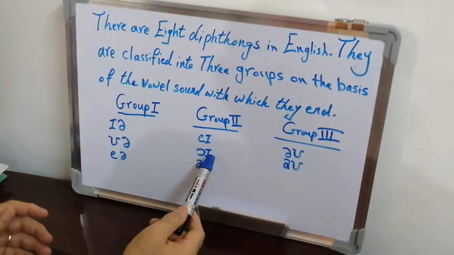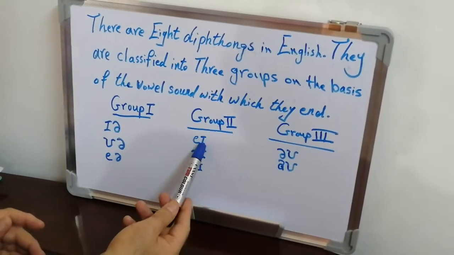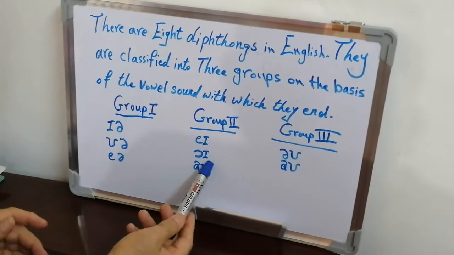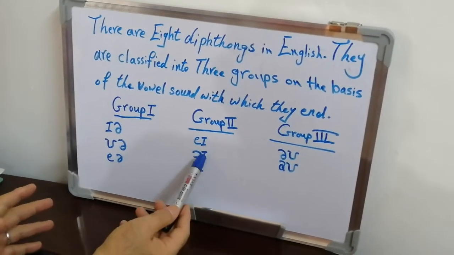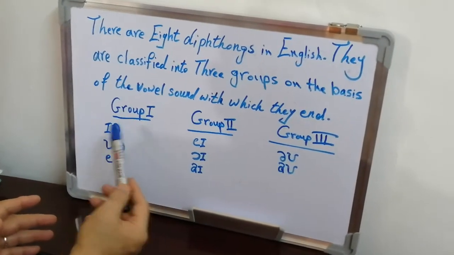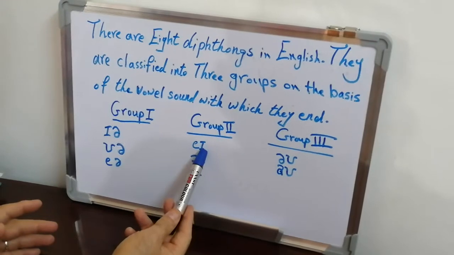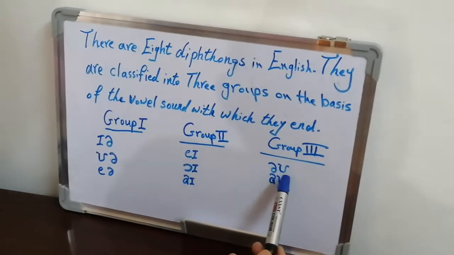The second group ends with this vowel sound, which is ɪ: eɪ, ɔɪ, aɪ. Right. So this group ends in schwa, and this one ends in ɪ. This is group 2. Now, group 3 has only 2 diphthongs.